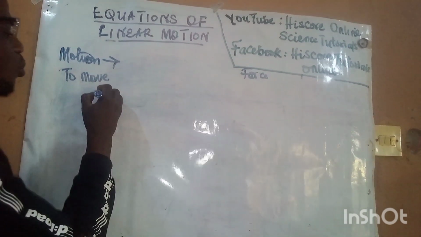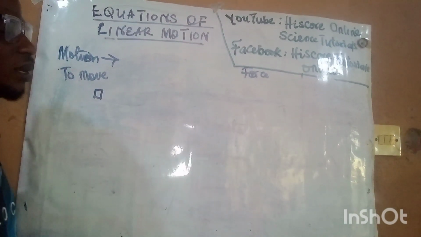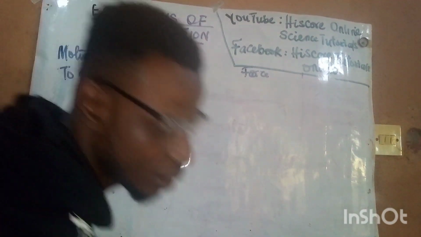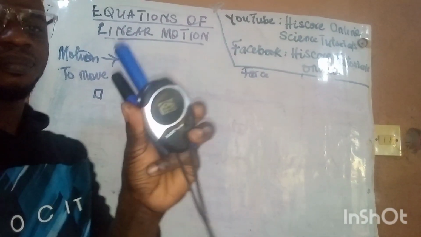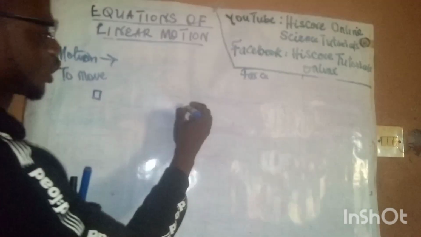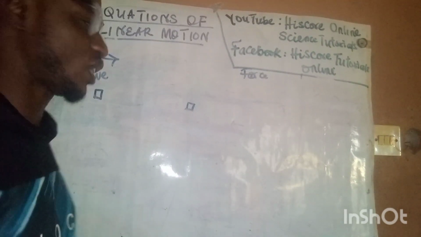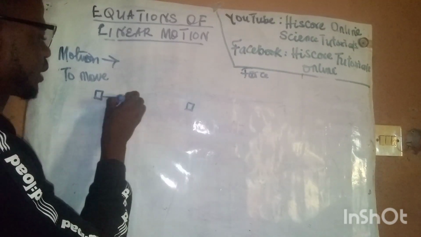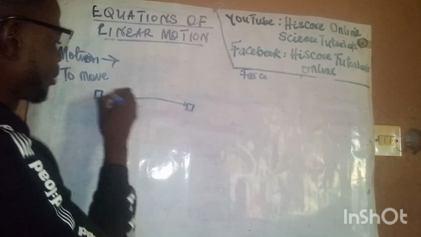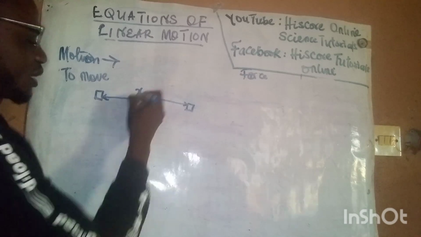Now, if a body was somehow here, and at some other time it gets to this place, that means that motion has occurred, and the space between this place and this place is our distance x.